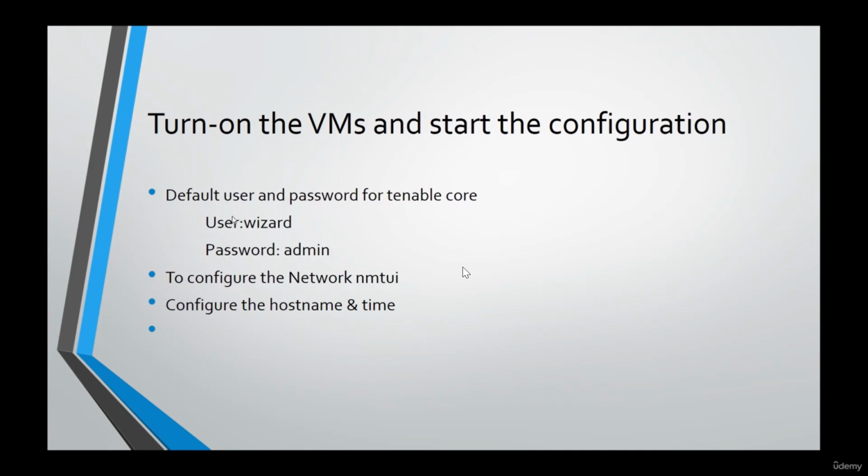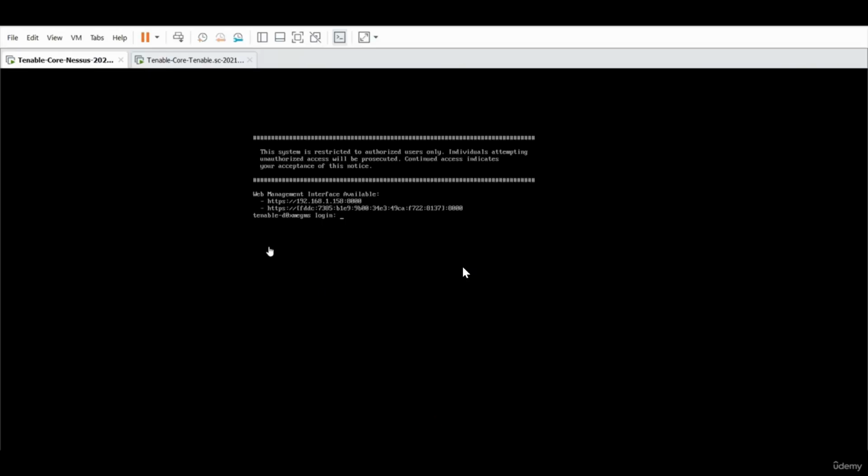In this slide, you can see that we will configure the network, the host name and time. So, to our VMware, as you can see here, I'm using the VMware Workstation for testing purposes.